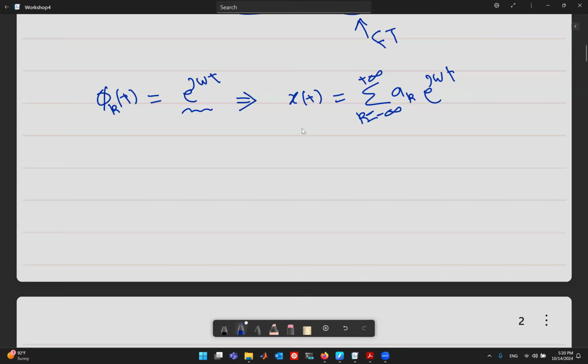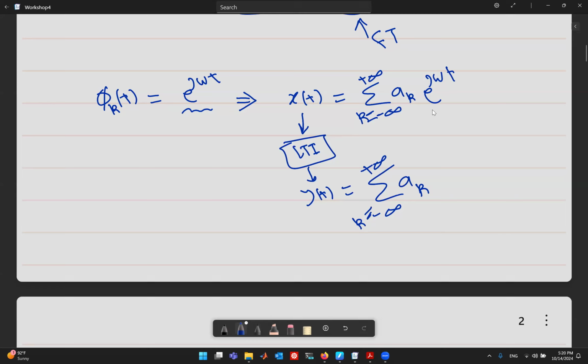Now, if we apply this to an LTI system, we know that the system is linear and time invariant, so the output will also be a linear combination with the same constants.